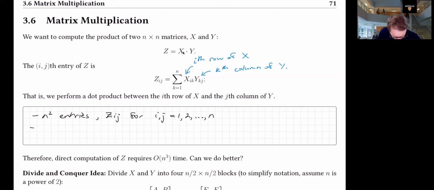And right now, this is a little different than when we've been talking about multiplication of large binary numbers. Here, we're not thinking that the entries in Z are big. So the matrix can get big, but the entries are just like 16-bit ints or something like that. So multiplication of two elements of these matrices can be done in order one time because it's just a constant time operation.